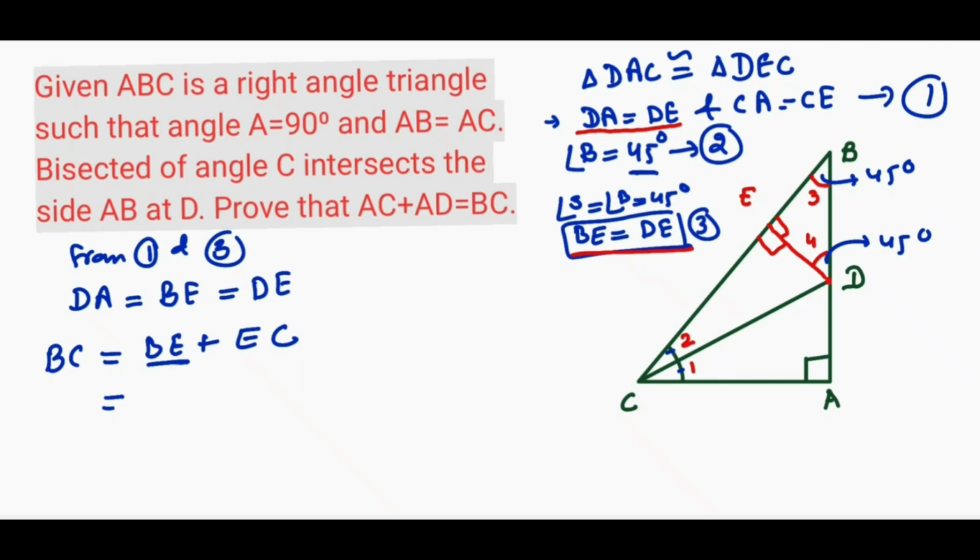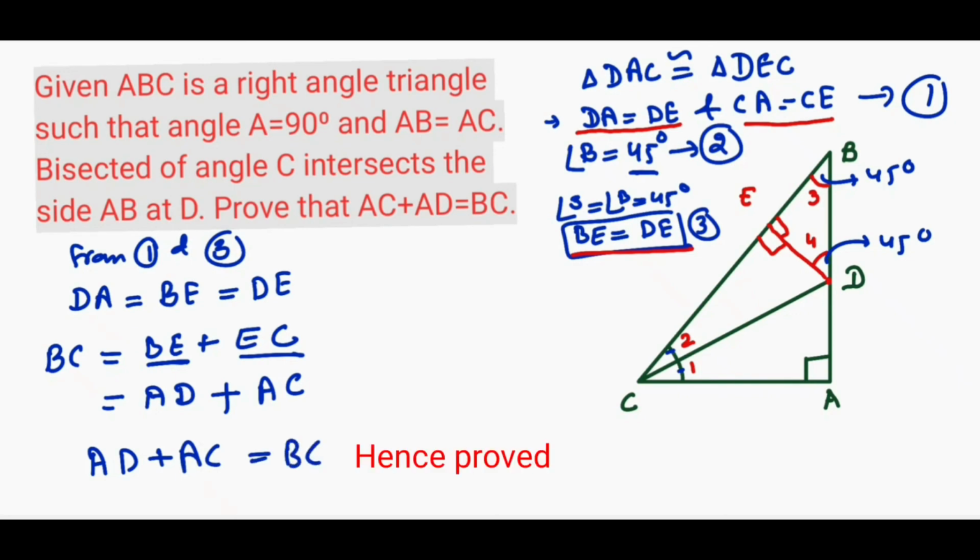So I'll put here AD or DA plus EC, and this EC is equal to AC. So I'll put here AC. So it means I can write this as AD plus AC is equal to BC.